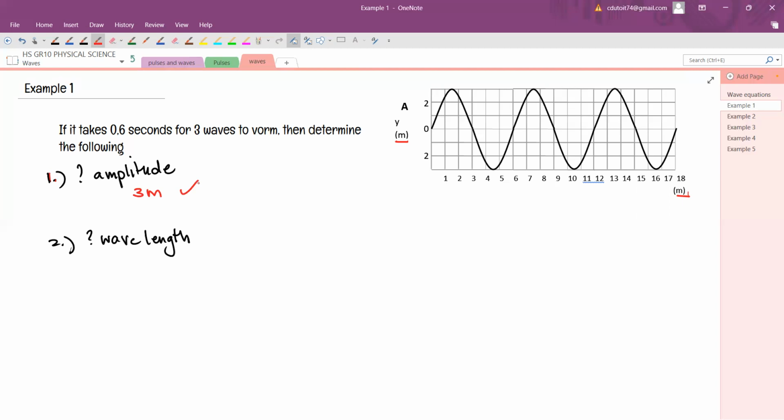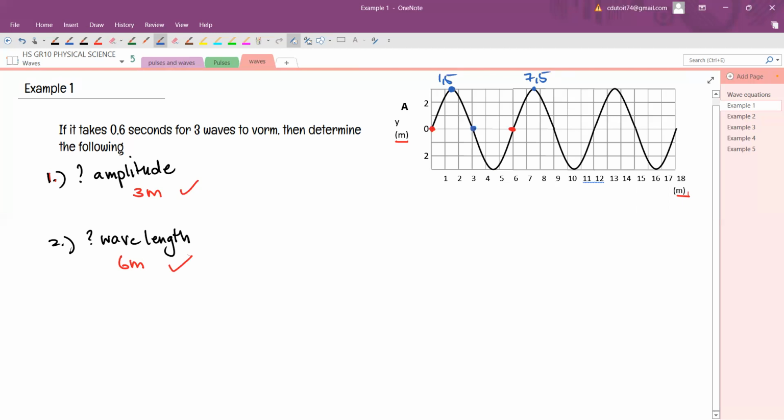Wavelength will be 6 meters. 6 meters. Okay, that was the easiest to start there and end there. That's one wavelength, and that's 6. Or you could have started on top there, ended there. That's like 1.5 to 7.5. That's also 6.